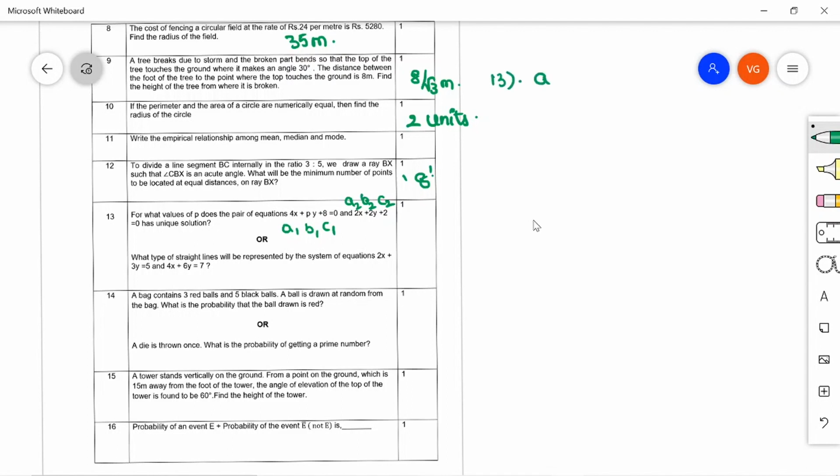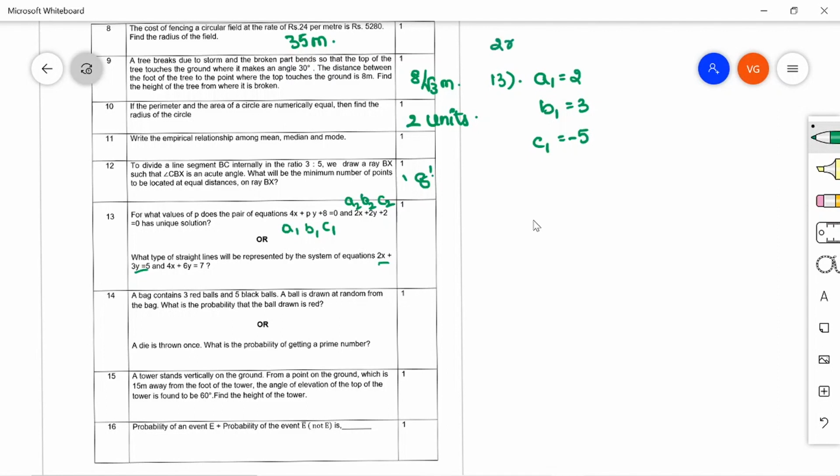Compare with a1x plus b1y plus c1 is equal to 0. So a1 is equal to 2, b1 is equal to 3, and c1 is equal to minus 5, because you have to write it in the standard form.